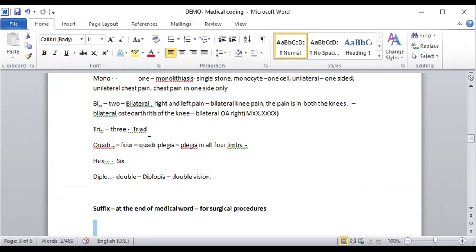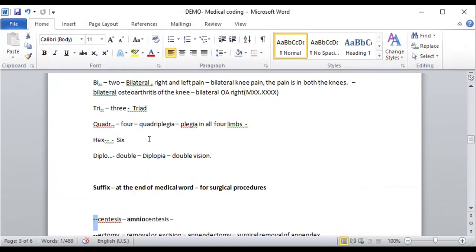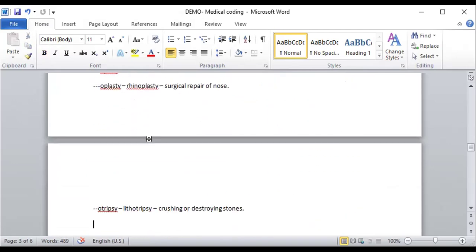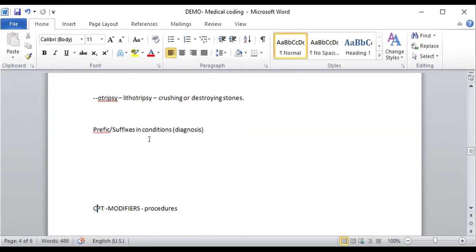They are used in procedural terms as well as diagnosis terms. In diagnosis also, there are some prefixes and suffixes. All are in CPT at the starting. We have to read them thoroughly.